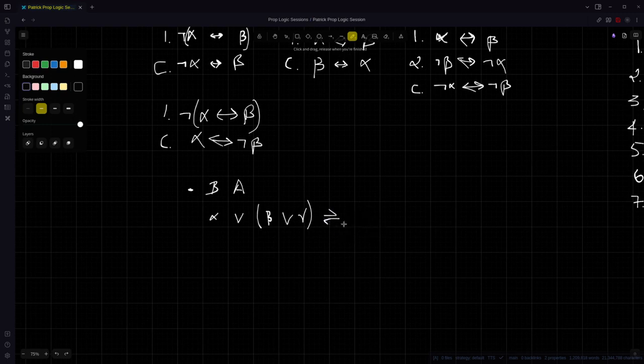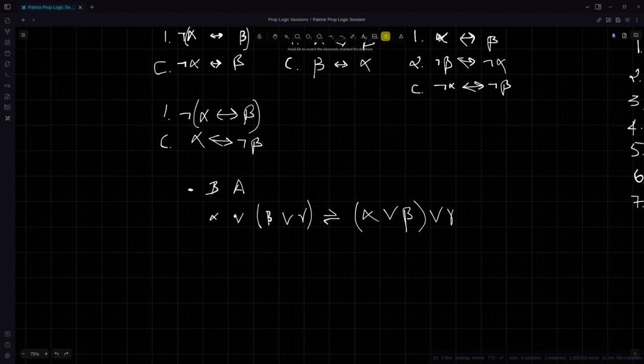And that's equivalent to open bracket, alpha or beta, close bracket, or gamma. Yeah, exactly. So notice that this is a symmetrical operator, right? And even this is a symmetrical operator. So you could just do the same thing with this.